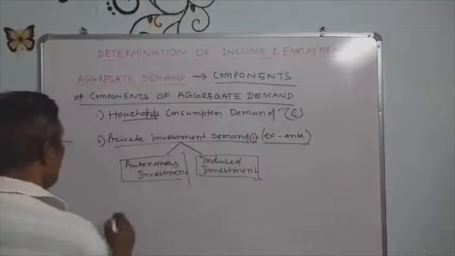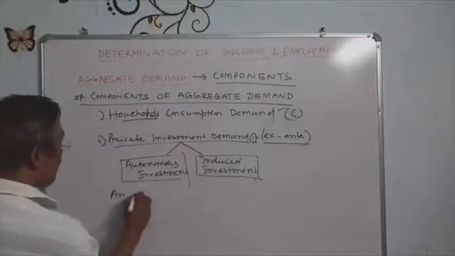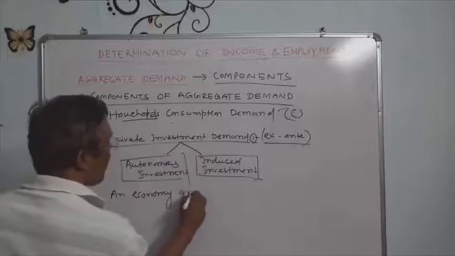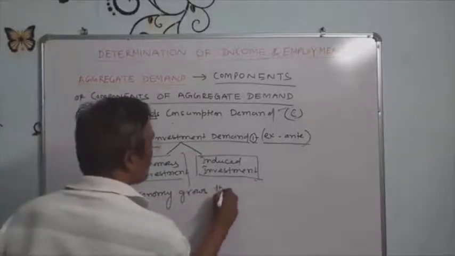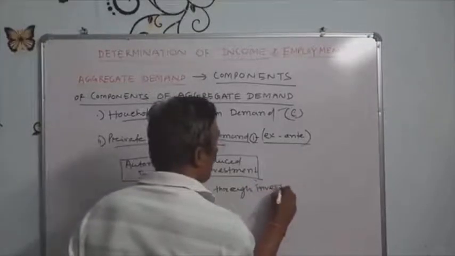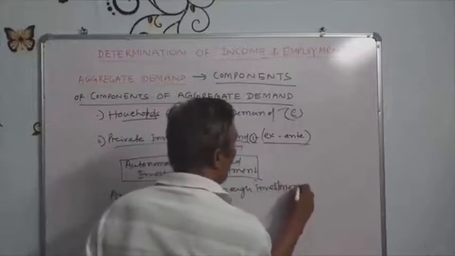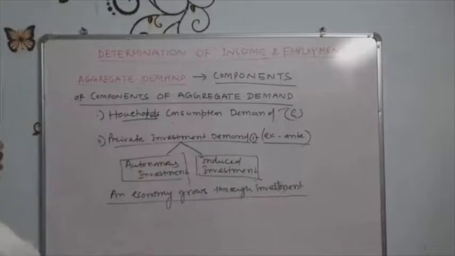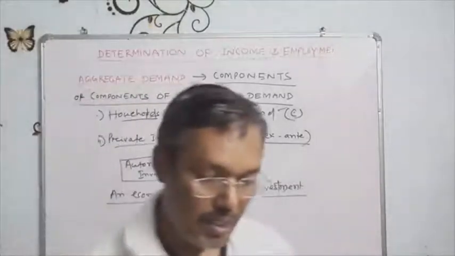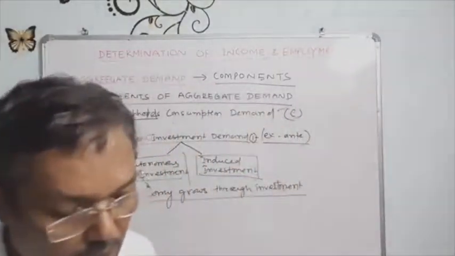Remember it. An economy grows through investment. So investment is of two types: one is autonomous investment, another is induced investment.